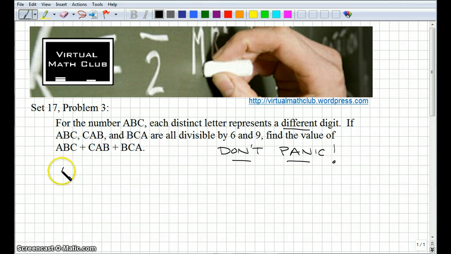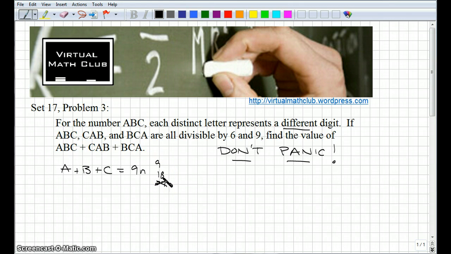So if we take A plus B plus C, we should get some multiple of 9. I'm just going to write it as 9n, where n is an integer. So it could be 9, it could be 18, it could be 27. If it was 27, though, all of these would have to be 9s. And we said they're different digits, so it has to be 9 or 18.